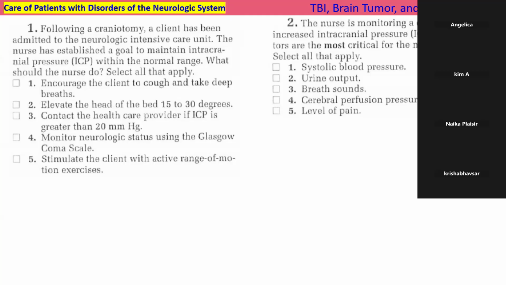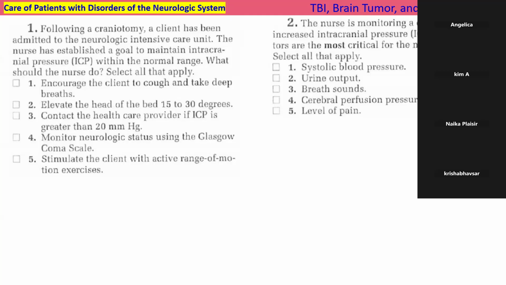And we should maintain ICP by elevating the head of the bed and call the PCP if the ICP is higher than 20 millimeters of mercury, since higher than 20 indicates high ICP.